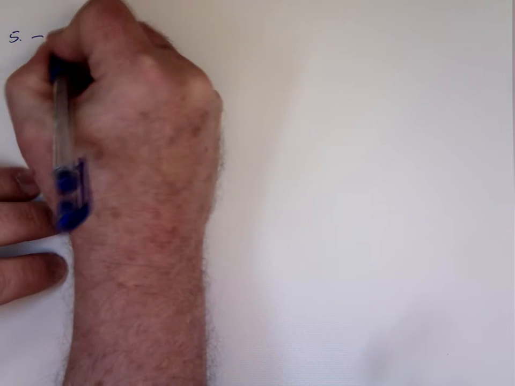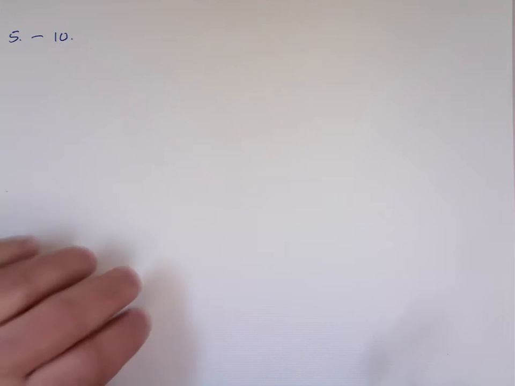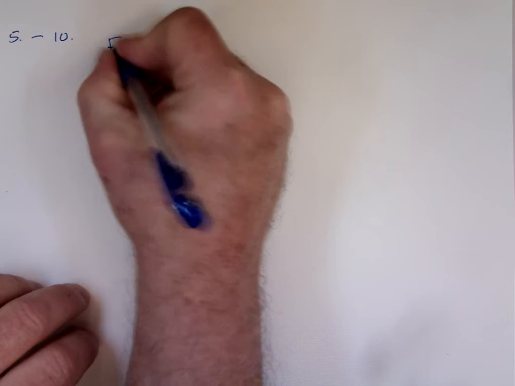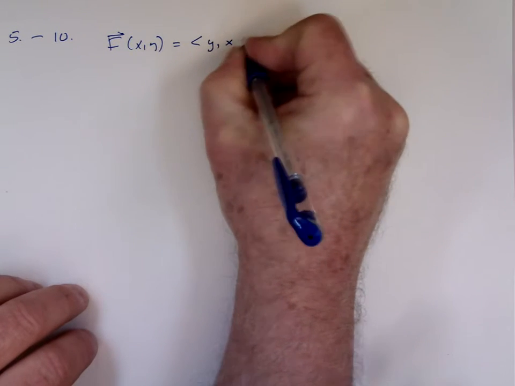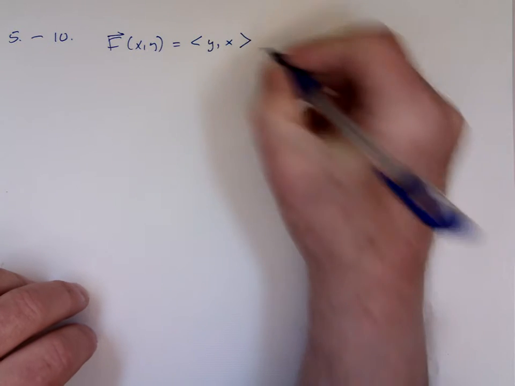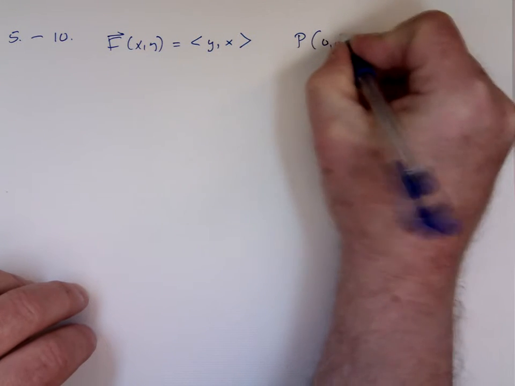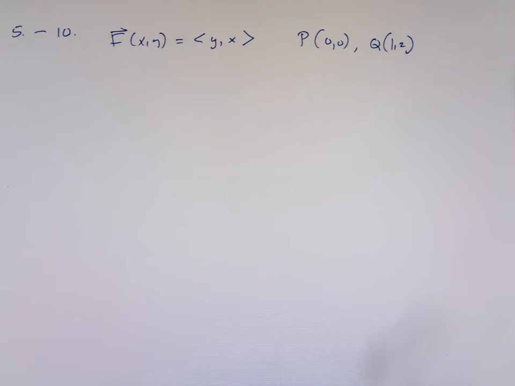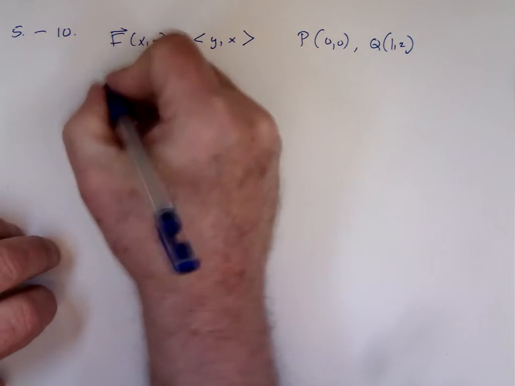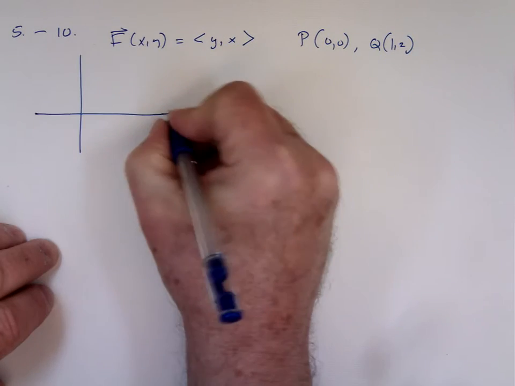Problems 5 through 10. Given a conservative vector field and some points, we want to find a bunch of things.